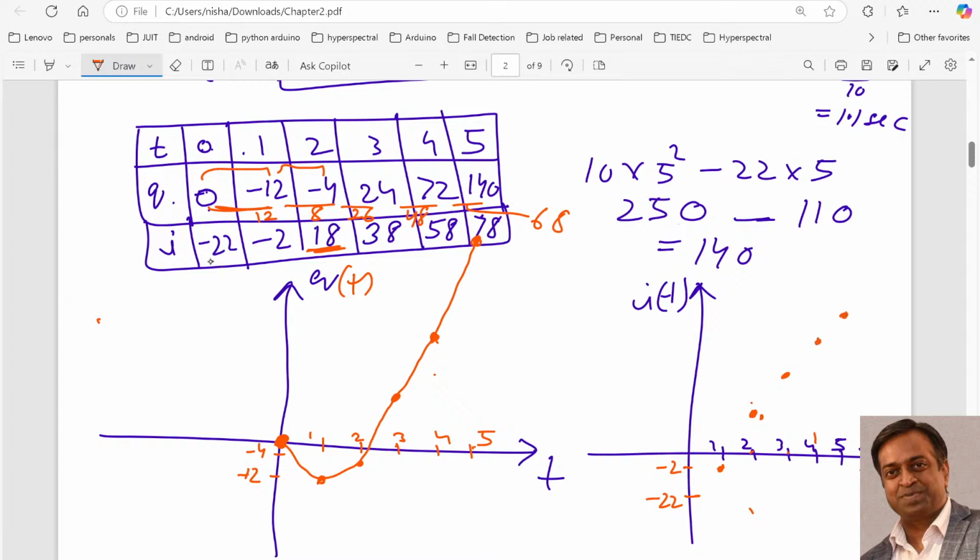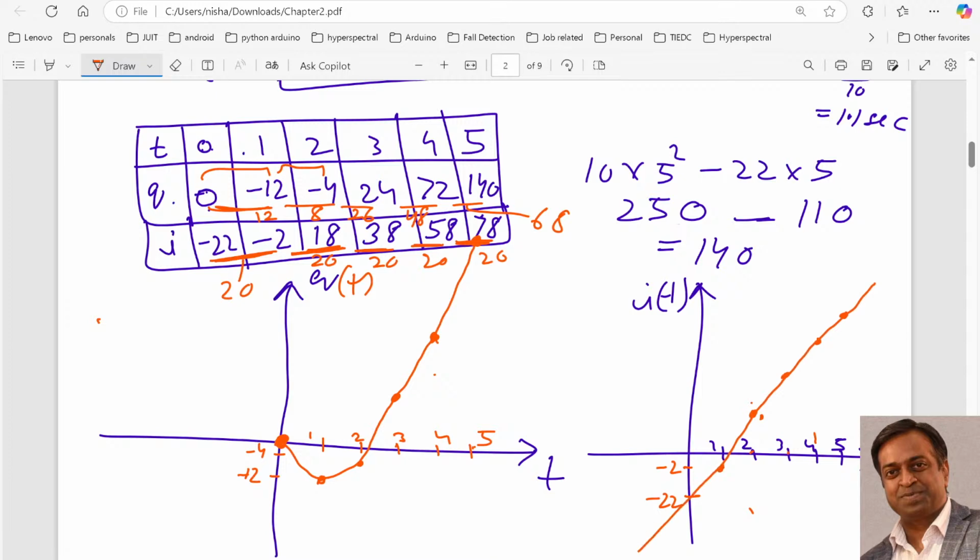And if you look at the difference, the difference from -22 to -2 is 20, then -2 to 18 difference is 20, 18 to 38 difference is 20, 38 to 58 difference is 20, 58 to 78 difference is 20. So since the difference remains 20, it is going to be a straight line, right?